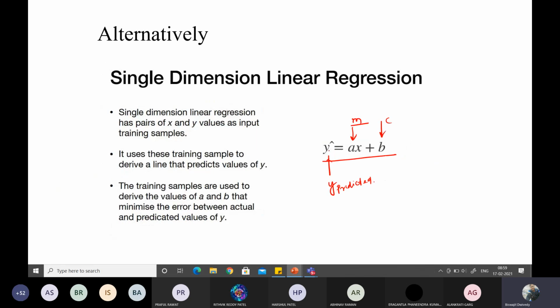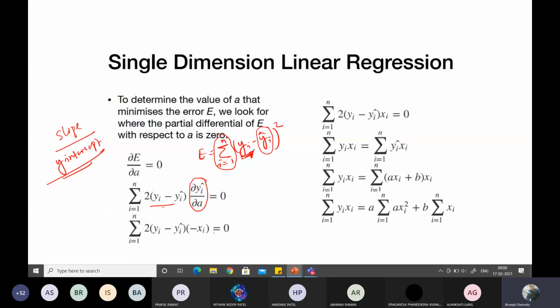The partial derivative dy by dA: we are taking it with respect to a, so x will be treated as a constant, and the derivative of the other term will be 0. So del y cap by del a will be equal to x, or xi you can say.